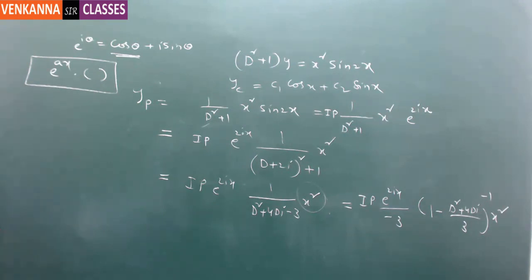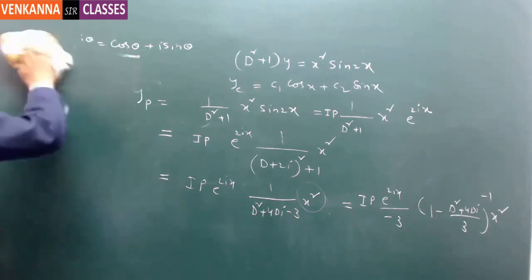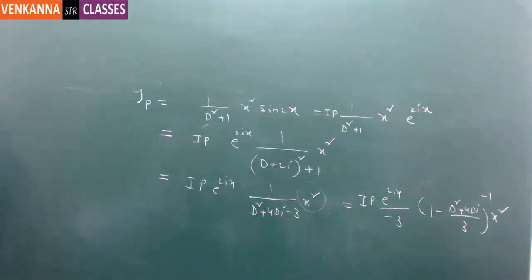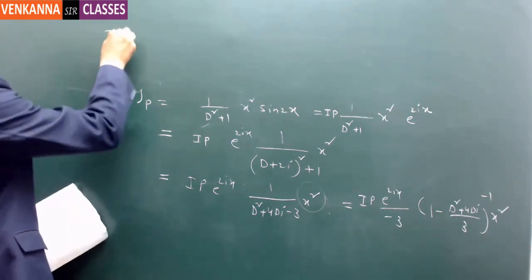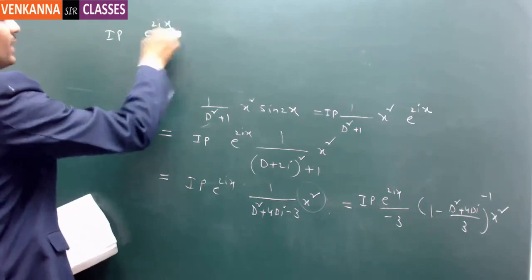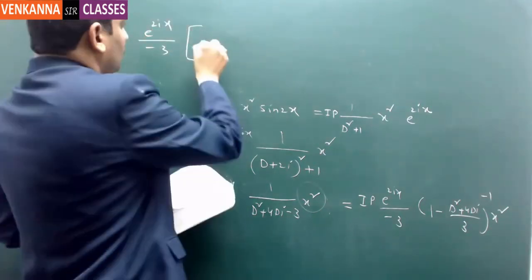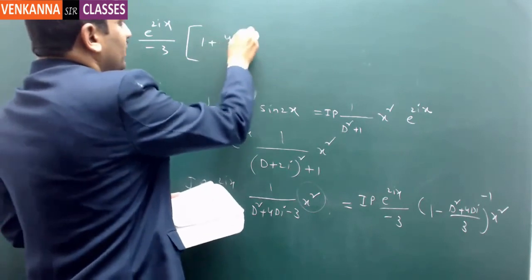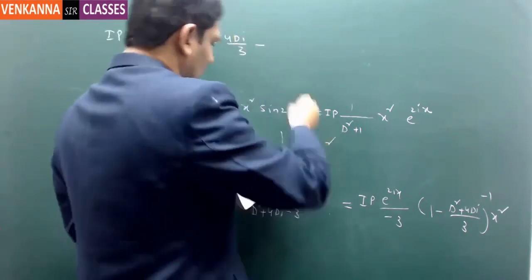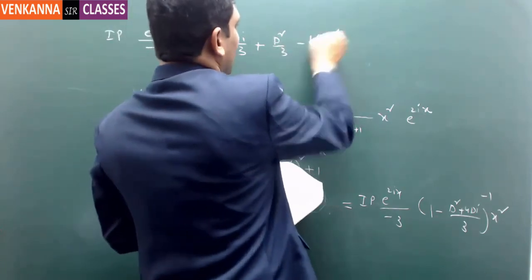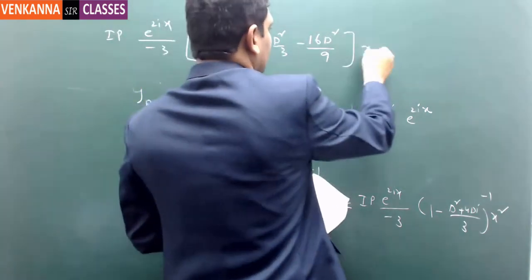Right. Now I am going to expand that and I will write the expression value straight away, to save the time. So imaginary part e power 2ix by minus 3 of 1 plus 4di by 3 plus d square by 3 minus 16d square by 9 of x square.